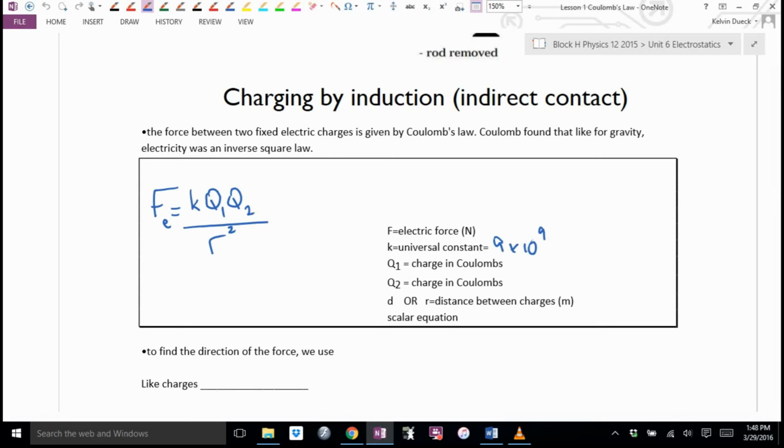What's K? 9 times 10 to the positive 9. Electricity is a way stronger force than gravity. How much stronger? 10 to the 20th stronger, the difference between positive 9 and negative 11. Gravity is a very weak force. We think it's big because we live on a big planet, but really, it's the weakest of the four fundamental forces by a long shot.